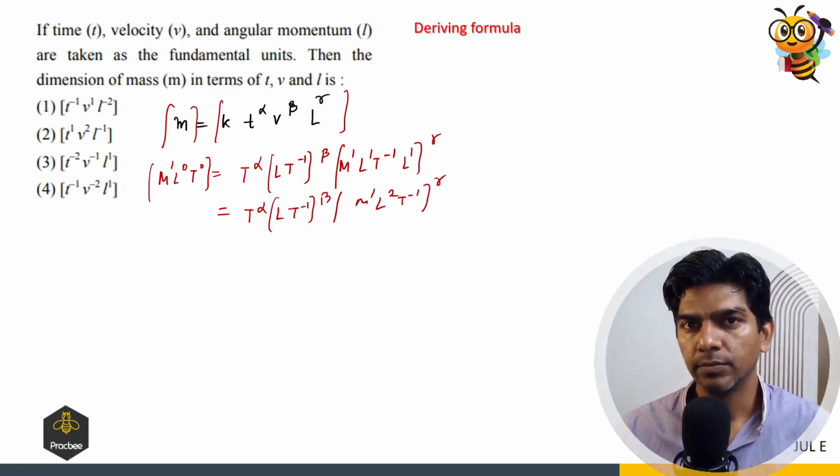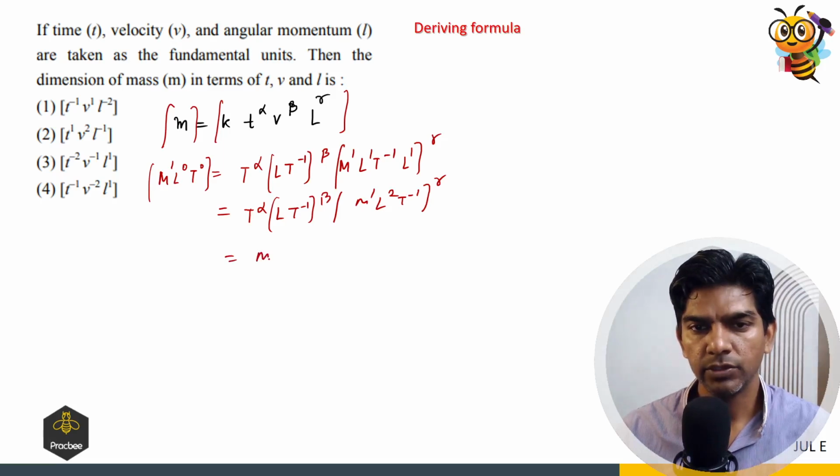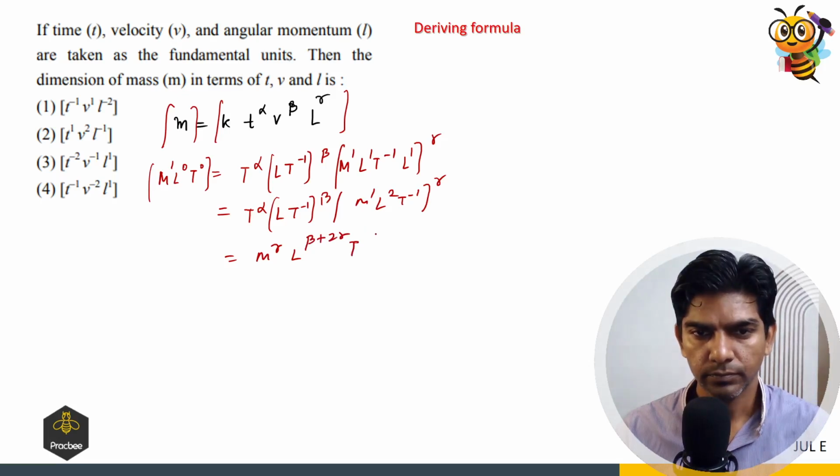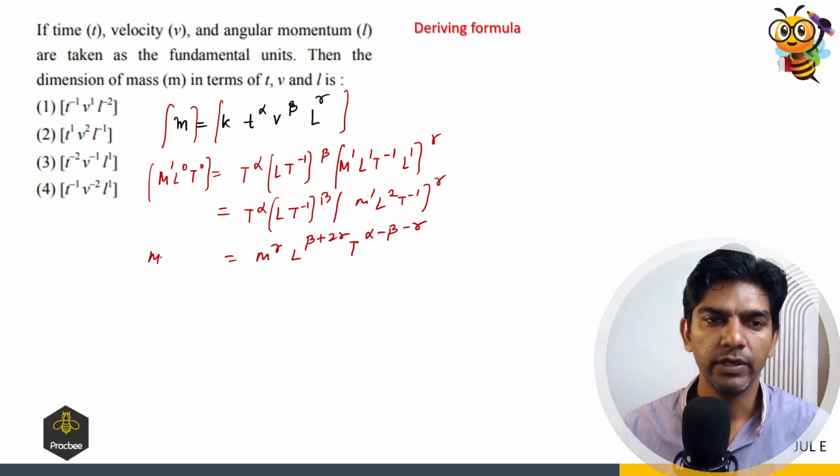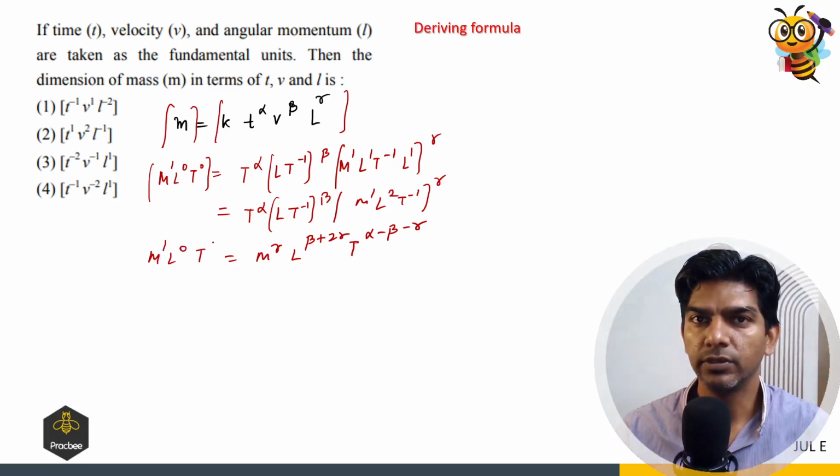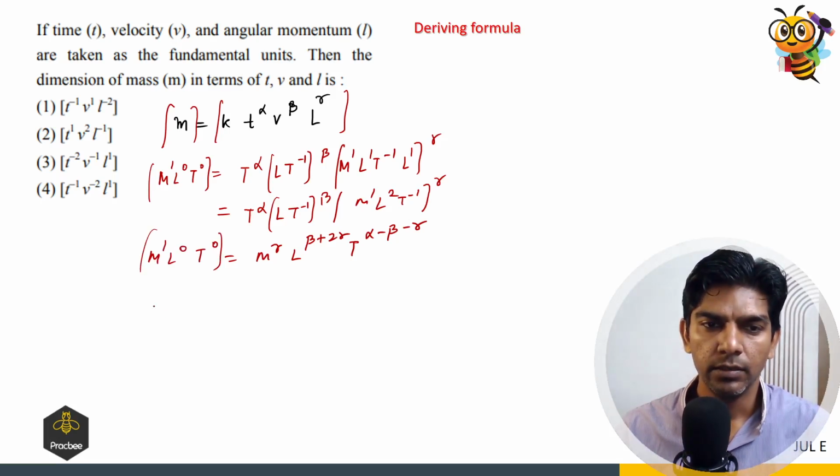Now let us club the exponents. So m raised to power gamma, l raised to power beta plus 2 gamma, t raised to power alpha minus beta minus gamma. So here we have m raised to power 1, l raised to power 0, t raised to power 0. So 1 is equal to gamma, 0 is equal to beta plus 2 gamma.